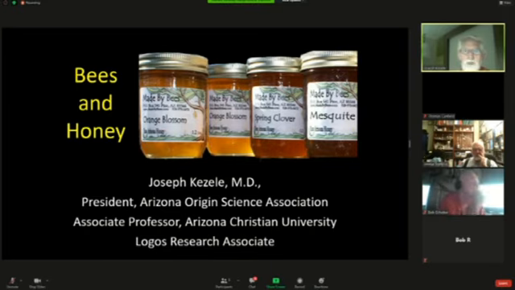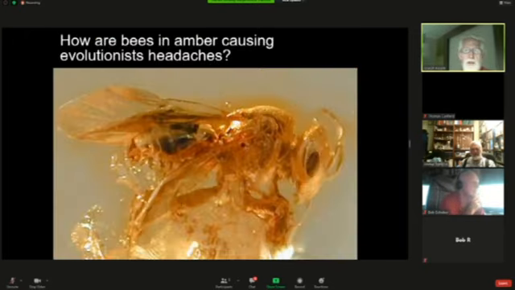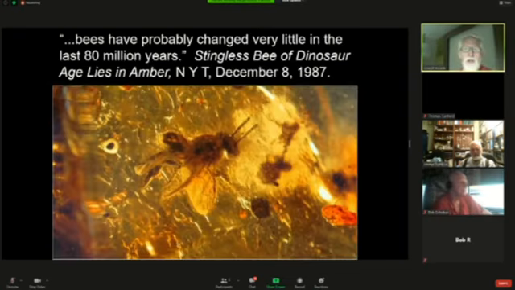And these jars represent specimens of honey produced here in Arizona. Very tasty. And so the question is, how are bees in amber causing headaches for evolutionists? So that's what ties these two subjects together.